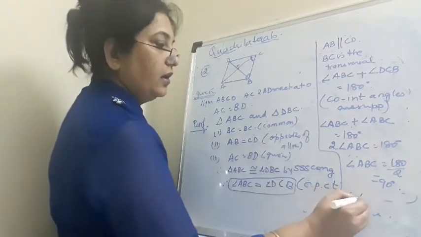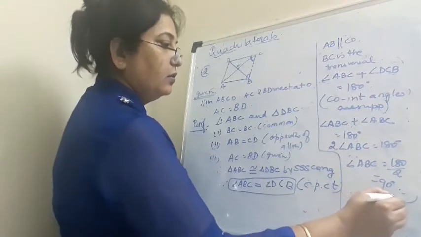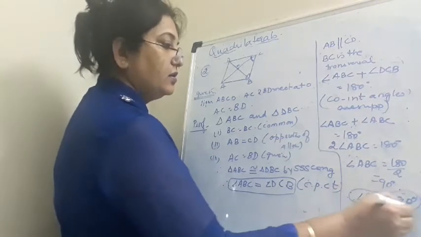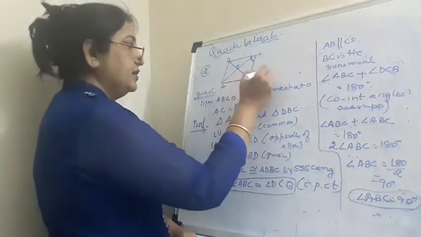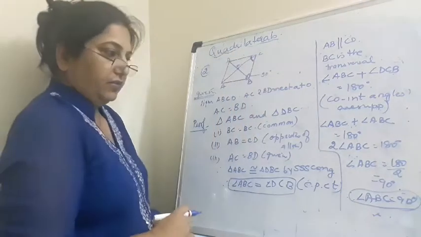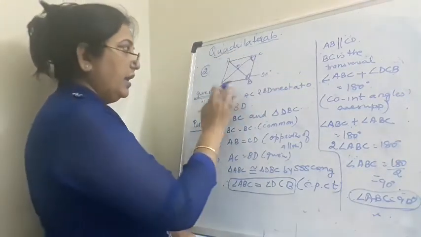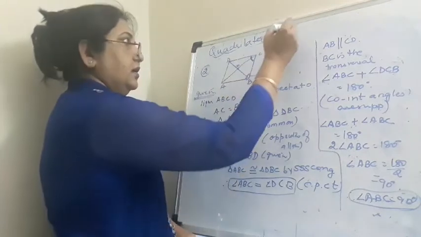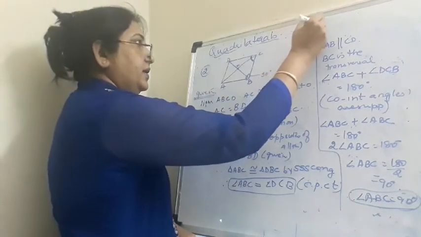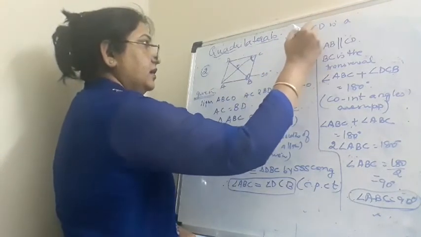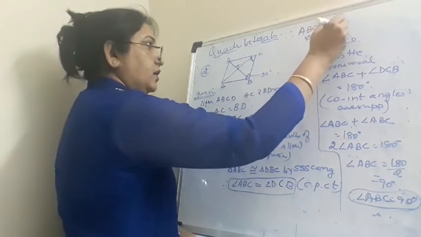So therefore, angle ABC is equal to 90 degrees. Now since we have proved that this angle is a 90 degree angle, we can now say that ABCD is a rectangle.